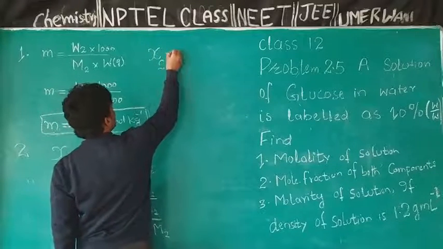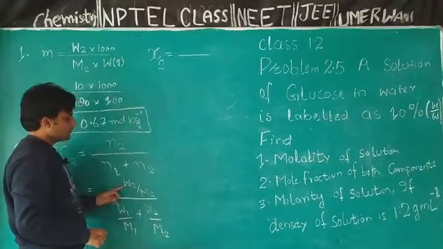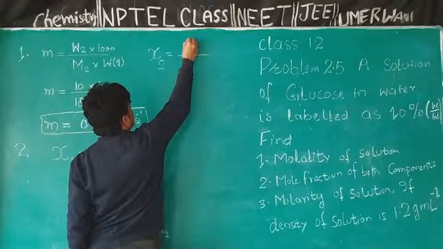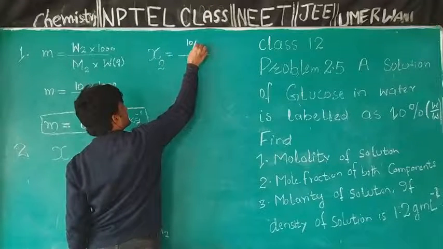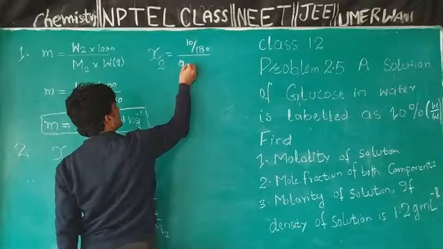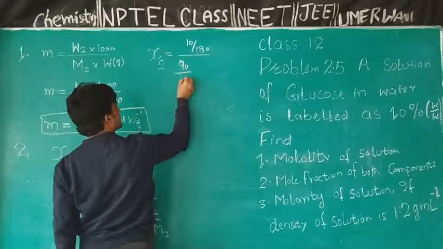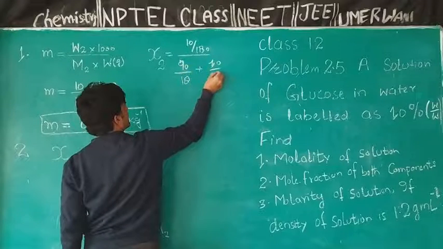Mole fraction of solute chi2 will be equal to W2, weight of solute, 10, divided by molar mass of solute, 180, weight of solvent is 90, molar mass of solvent water is 18, plus 10 divided by 180.